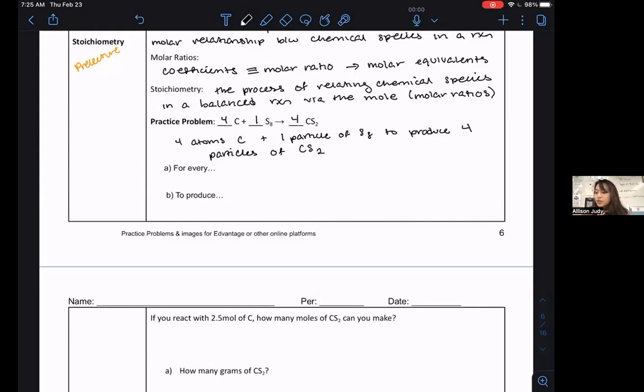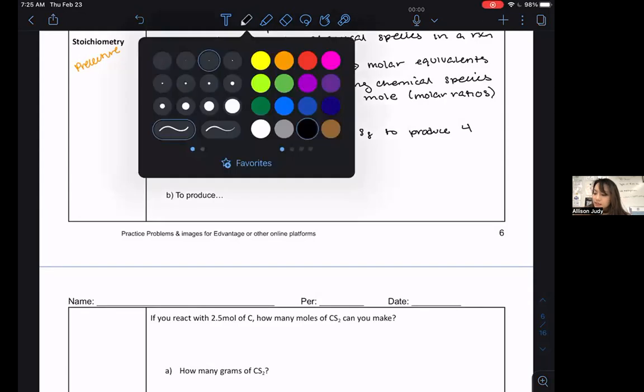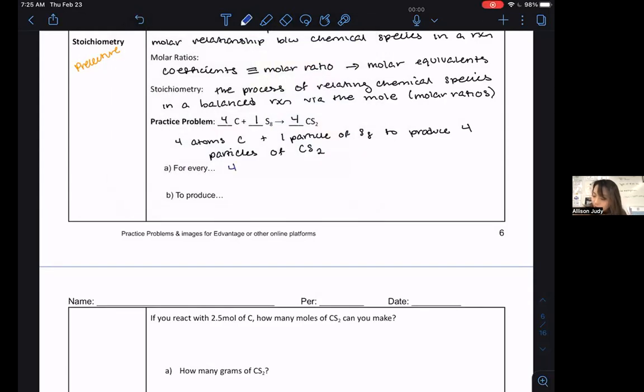And so another way we can say this is for every 4 moles of carbon and 1 mole of S8, I produce 4 moles of CS2, carbon disulfide.